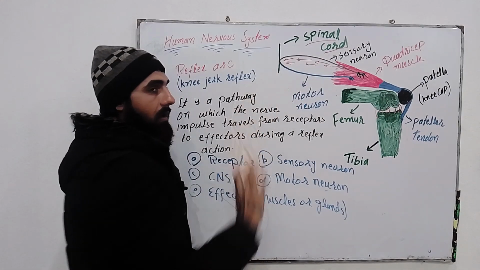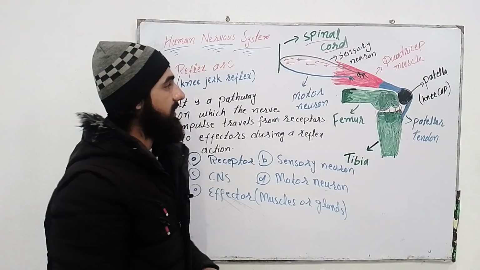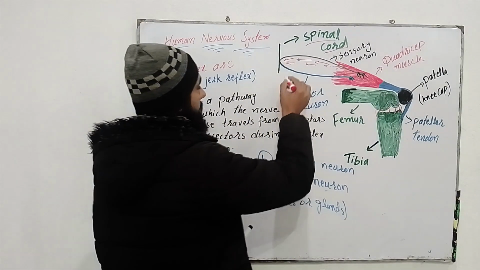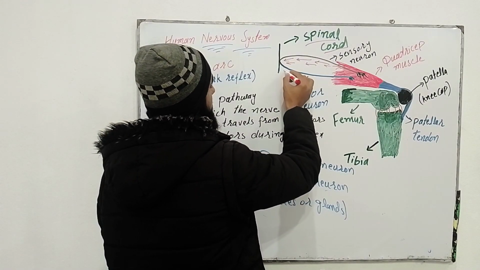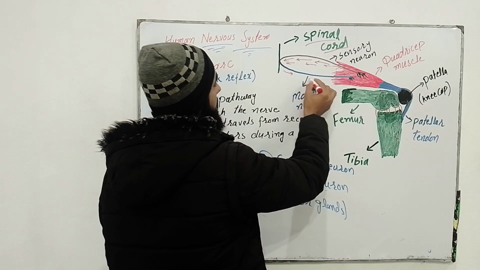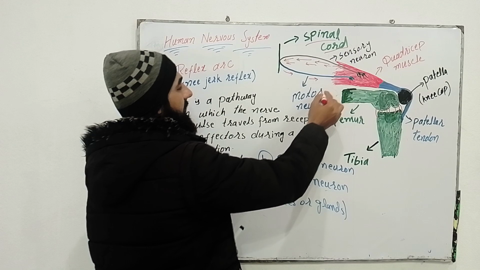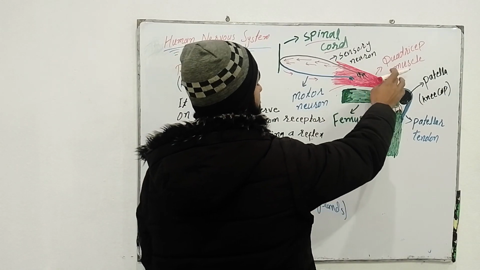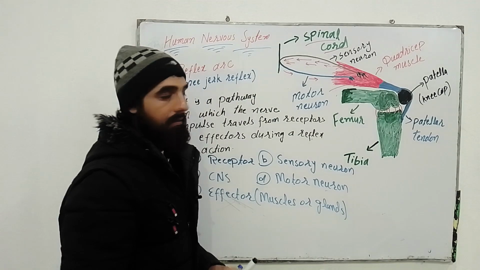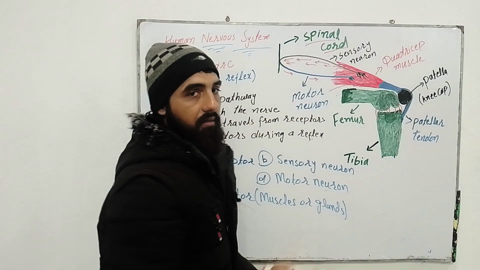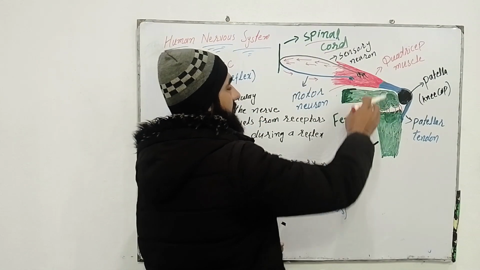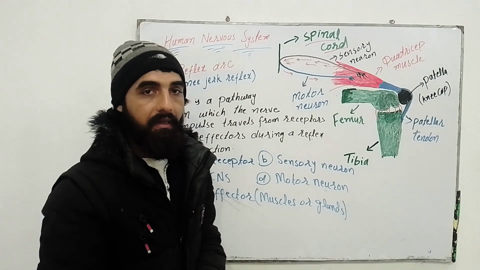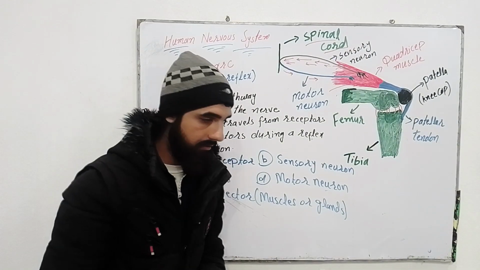Spinal cord is a part of central nervous system. The spinal cord gives message or command to the motor neuron. The motor neuron delivers this command to the effector, which is the quadriceps muscle, to contract. The quadriceps muscle contracts and causes the kicking of the leg.